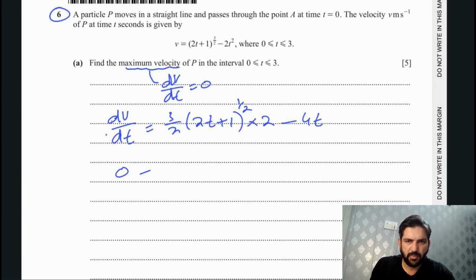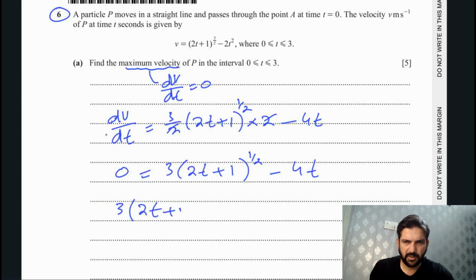Now when it is 0, this will be 3 into 2t plus 1 whole power 1 by 2 minus 4t. Now what we can do further, we can just write it as 3 into 2t plus 1 whole power 1 by 2 is equal to 4t.